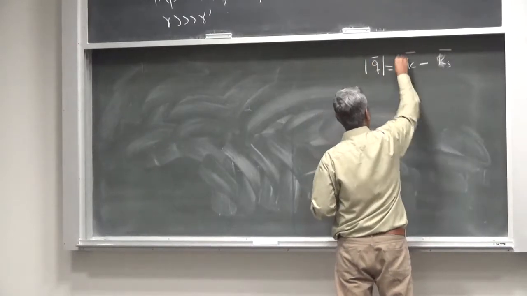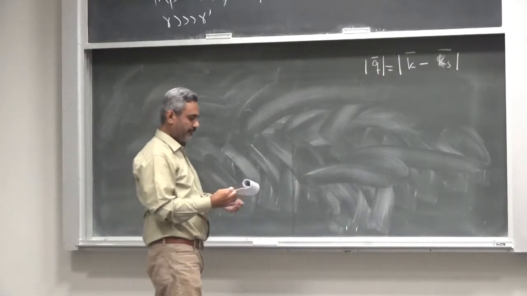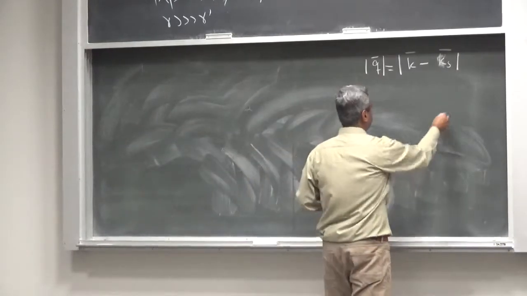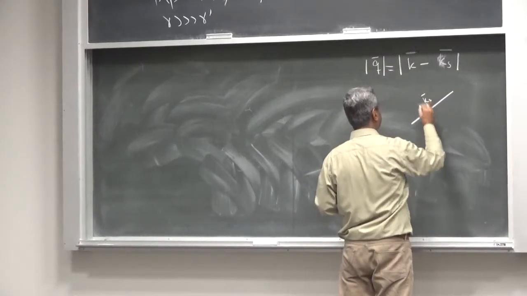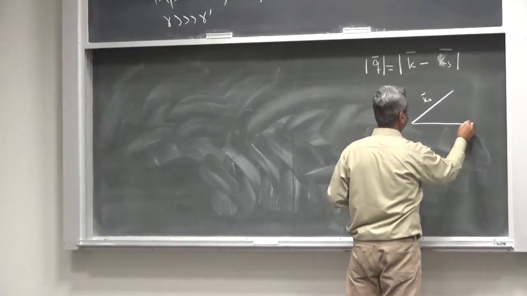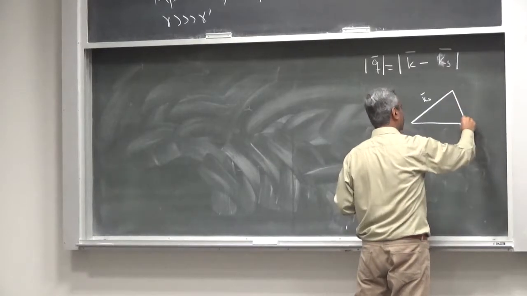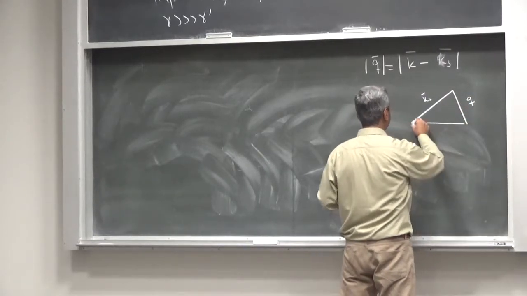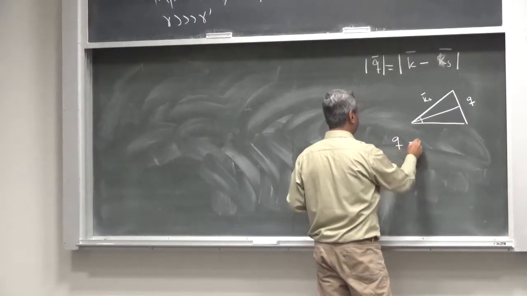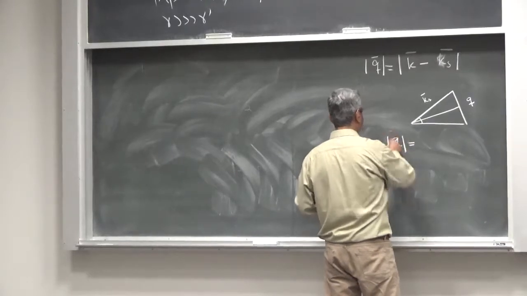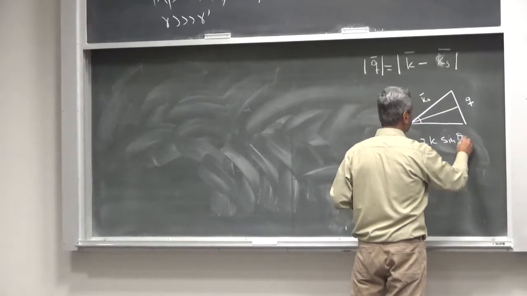which means that the magnitude of Q is the magnitude of K minus Ks. So if this is Ks, this is K, and the two have the same magnitude, same length, and this is Q, and if this angle is theta, then you can see that the magnitude of Q is 2K sine theta over 2.